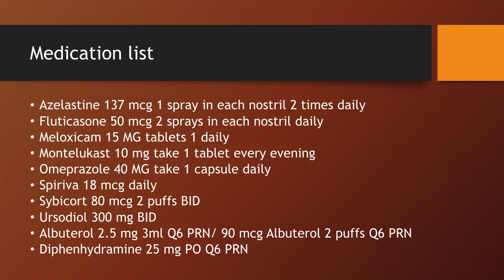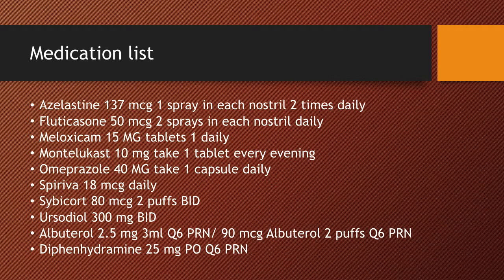The next drug that she has here on her scheduled drugs is diphenhydramine, and she receives this by mouth every 6 hours when needed. What this drug does is it's an anti-allergic agent.